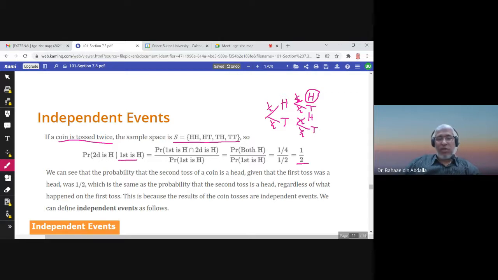So this condition really did not change the probability of the second being a head. When the given event, when the condition does not change the probability, then we say that the two events are independent events.